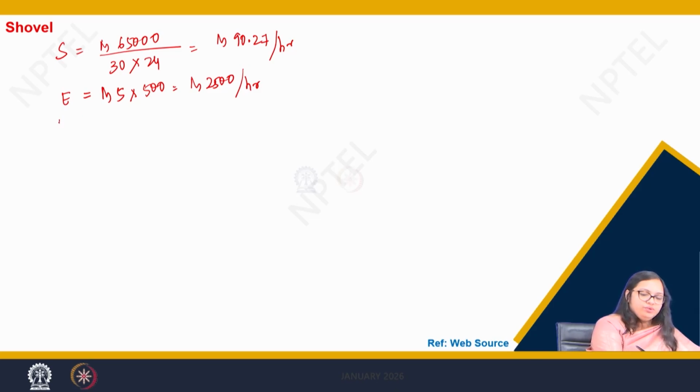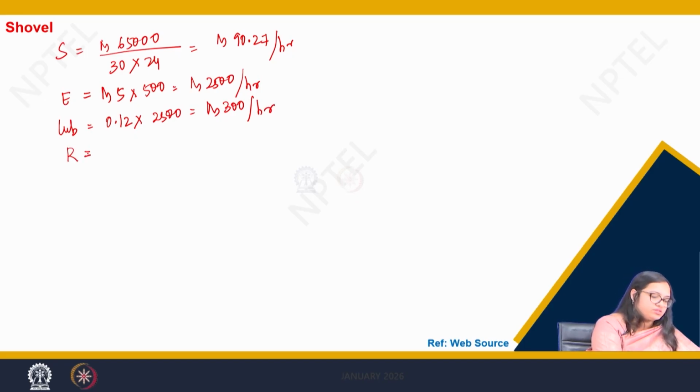Now, for lubrication cost, how much is given? It is 12% of the power cost. So, this is 0.12 multiplied with 2500, which is equal to rupees 300 per hour. The last one is the repair cost.